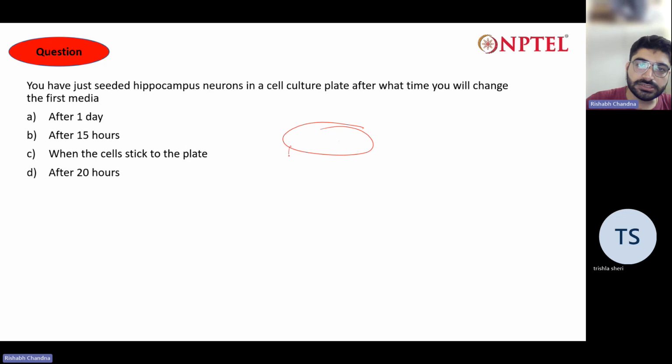So we have a cell culture plate. We have added all the cells in the media, be it primary culture, or when we are reviving cells from liquid nitrogen. We add the media, and we keep it for at least 1 day, 24 hours.